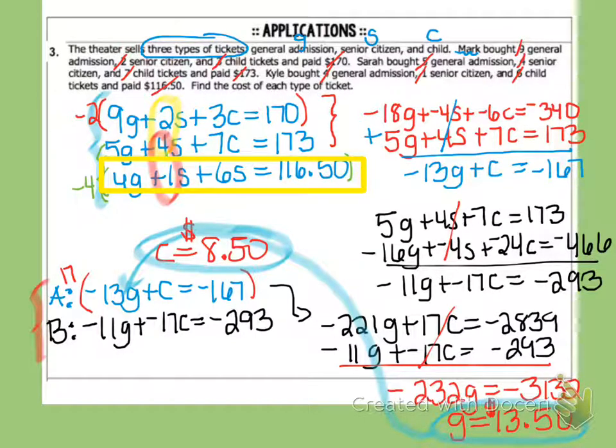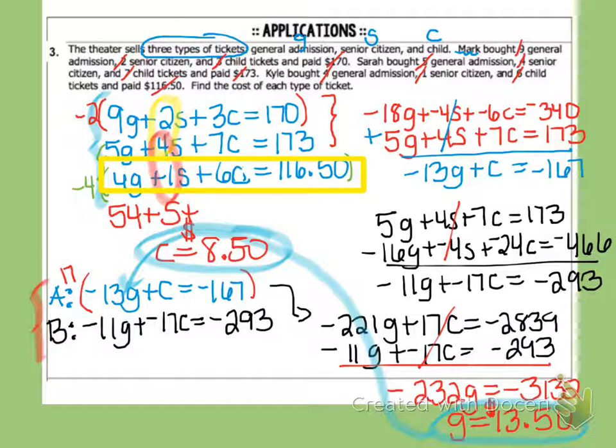So if we take the two numbers that we've already found and we plug those in, so 4 times G, so 4 times 13.50. This part right here is going to give us $54 plus 1S, S is what I don't know, plus 6 times, oops, that was supposed to be a C, and I never noticed that I wrote that wrong up there. Sorry about that. That was supposed to be a C, way back at the original.